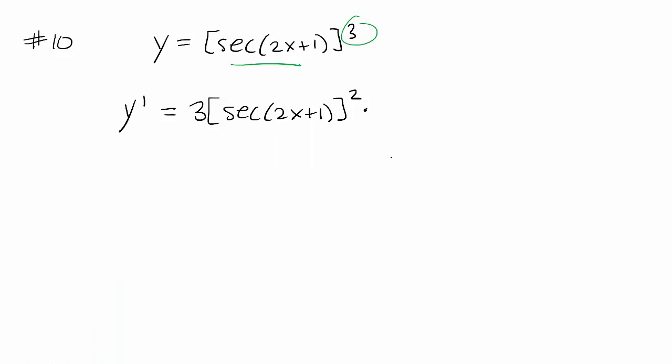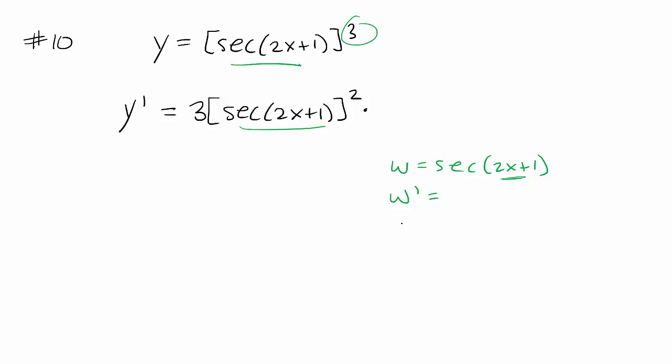Now the derivative of the inside, let's call that something W. When I take the derivative of secant, I actually have to use the chain rule again. So I'm actually using the chain rule twice in this problem because it's secant of 2x plus 1.